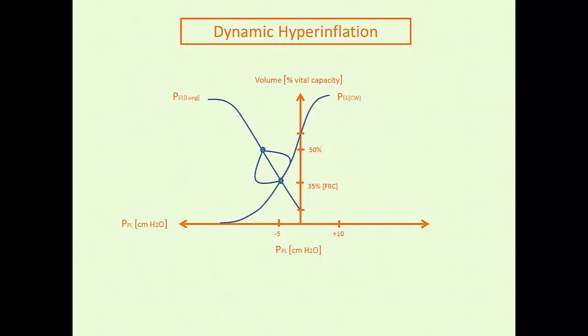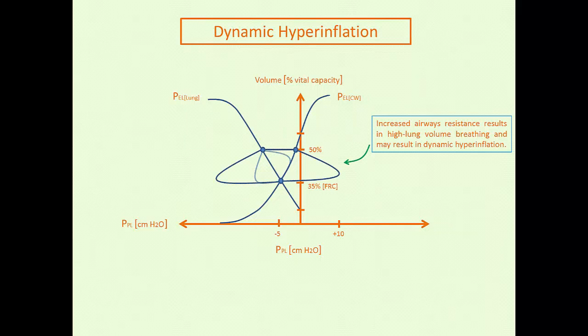So again, just going back to the Campbell analysis, this is, say, a patient breathing normally, but then as you increase airways resistance for whatever reason, say it's an asthma exacerbation or a COPD exacerbation, the patient, as I mentioned, tends to breathe at higher lung volumes, and what that does is it lowers airways resistance as you tether open the airways, and this promotes both inspiratory flow and especially expiratory airflow.